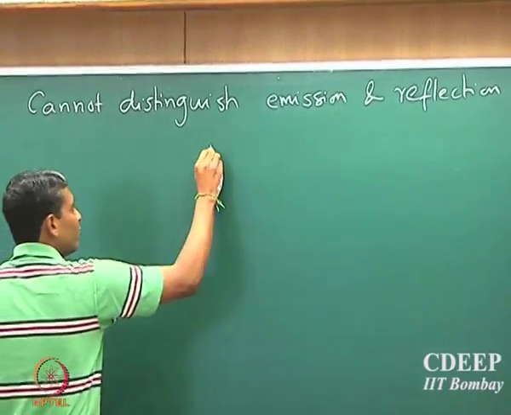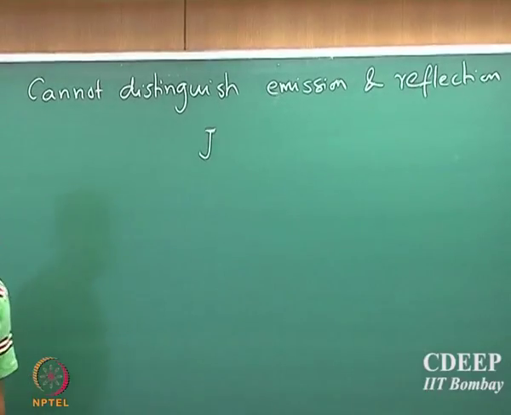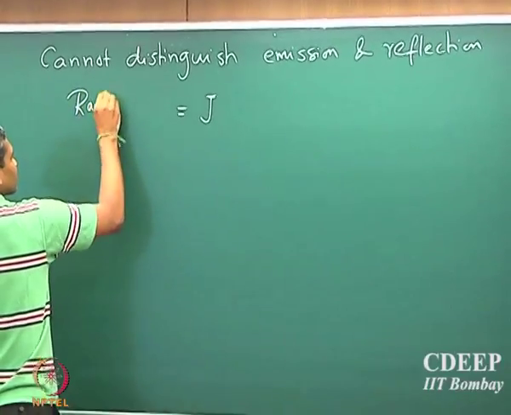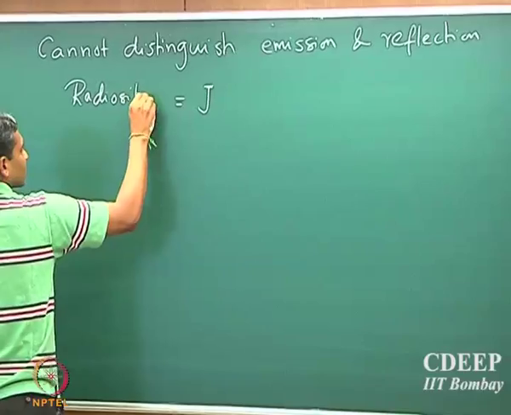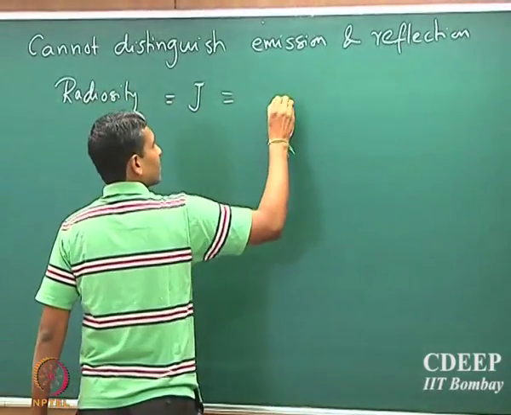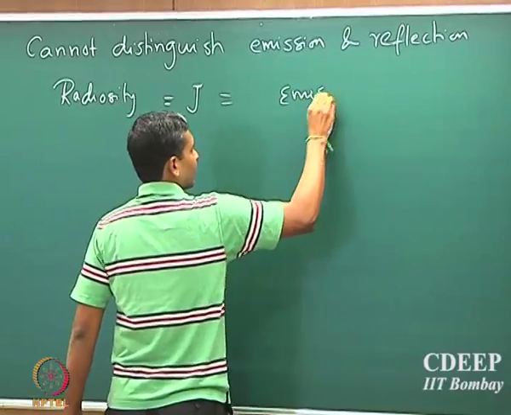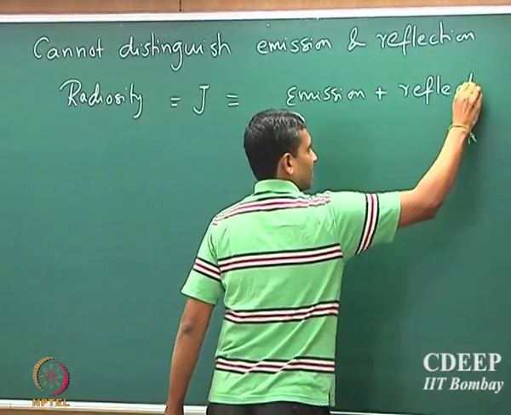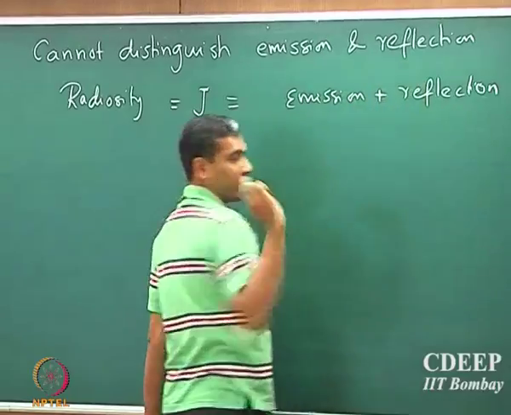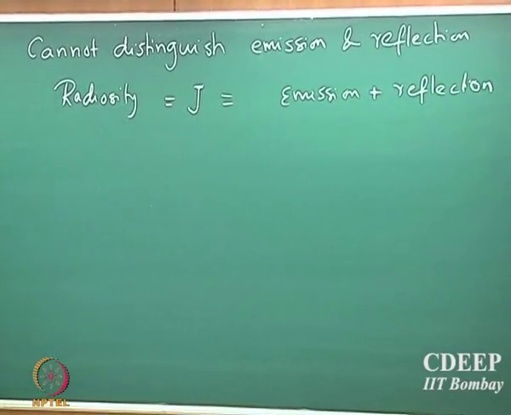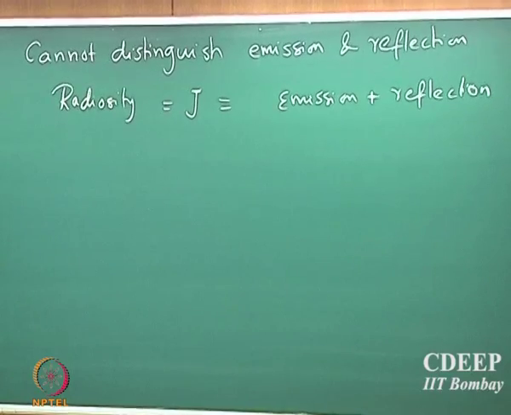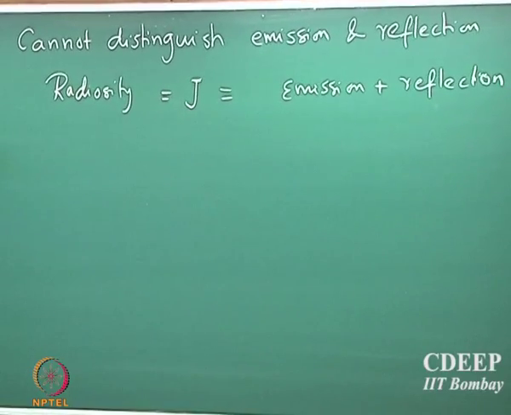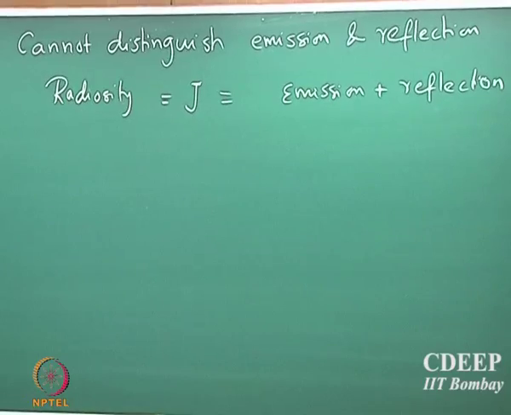The symbol that we will use is J, which stands for radiosity. This is nothing but emission plus reflection. Emission plus reflection is what is called radiosity, and one could certainly define the spectral, hemispherical, total, etc. All the gory integrals you can define for radiosity as well.